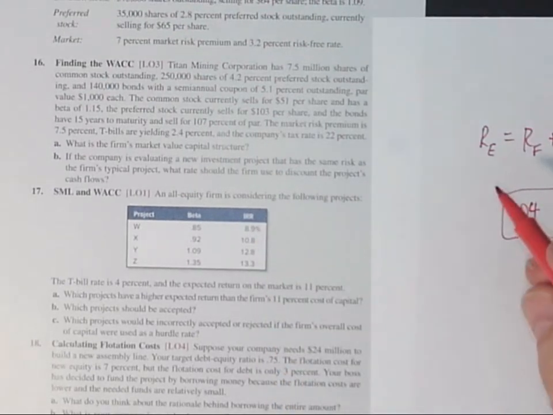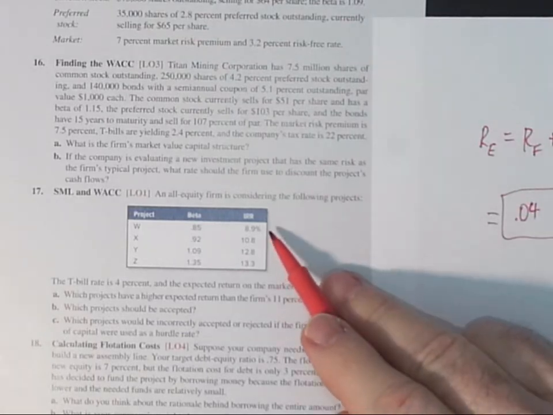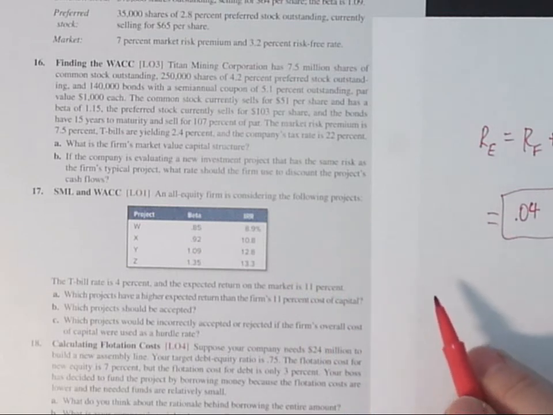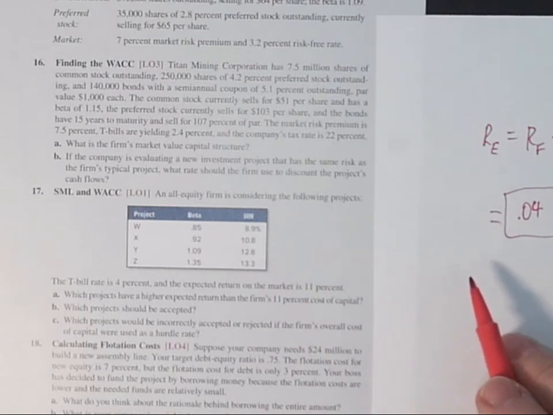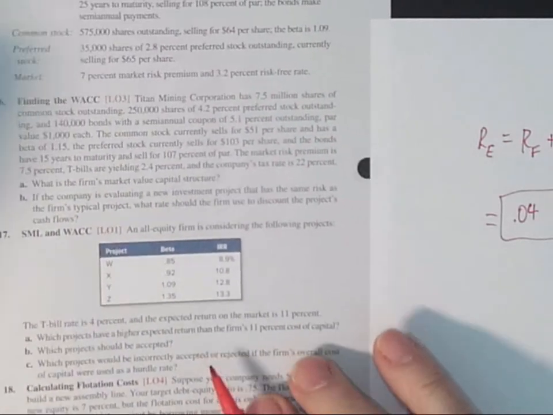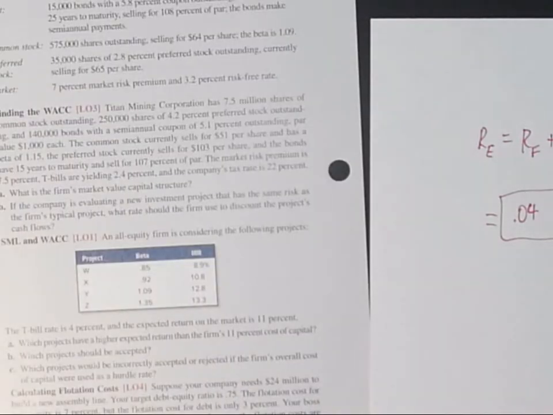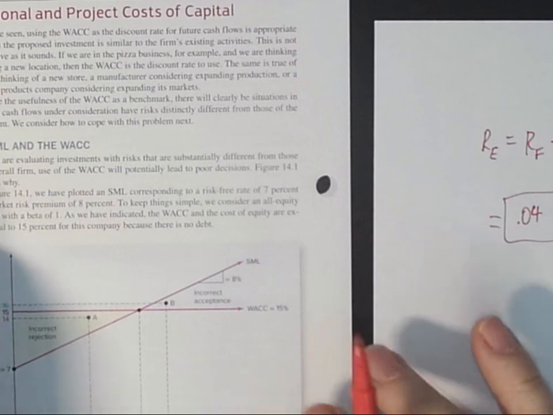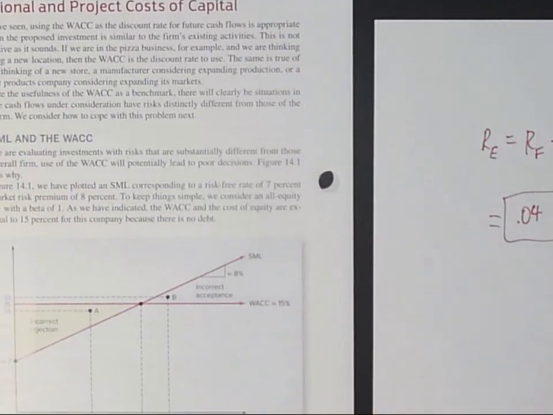So this is going to be your required rate of return, and you're going to compare your IRR to that required rate of return, not to the weighted average cost of capital. And in this problem, they ask you which of these should be accepted and which should be rejected, essentially. And really, it's like this graph here on page 476.